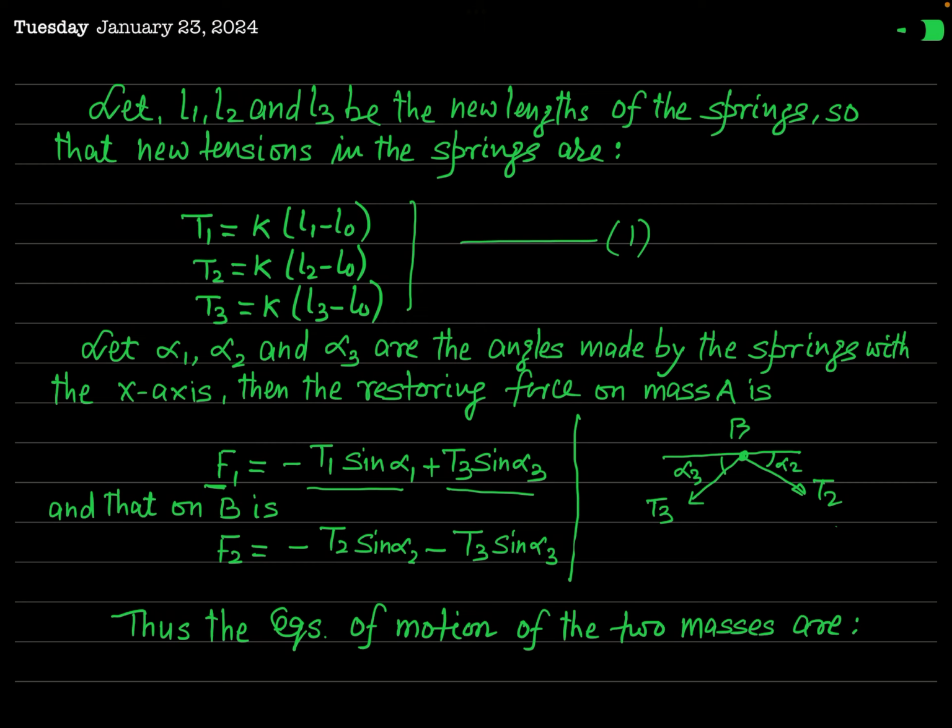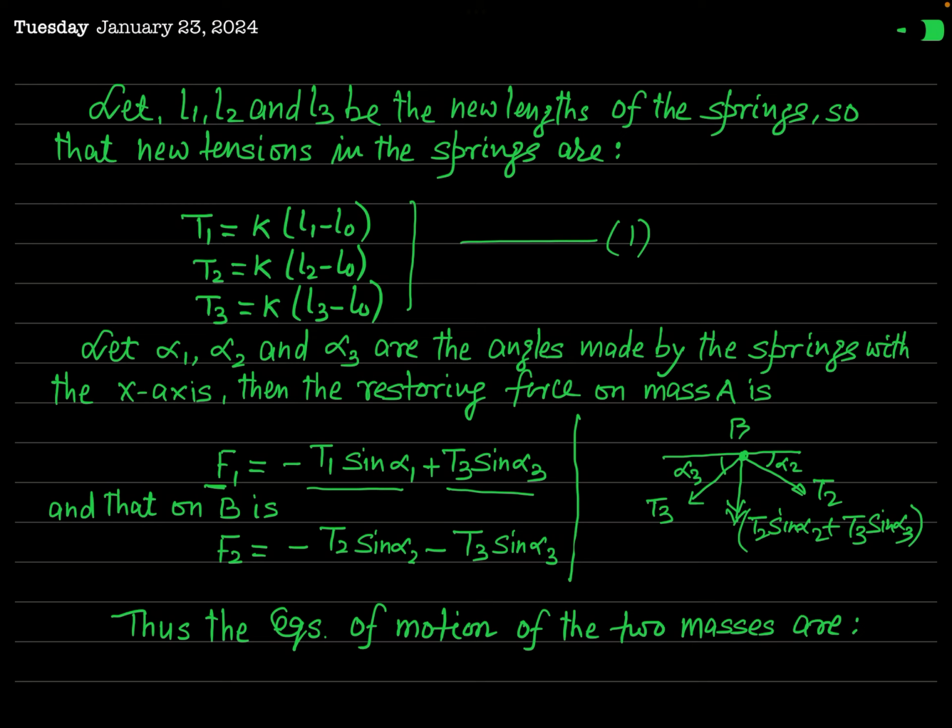So the component of T2 in the downward direction, that is in the negative y direction, will be T2 sine alpha 2. And the component of T3 in the downward direction will be T3 sine alpha 3.